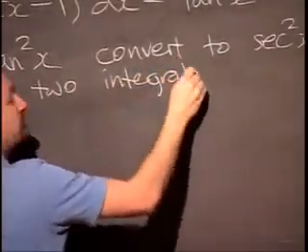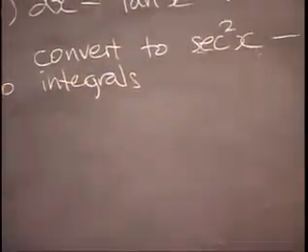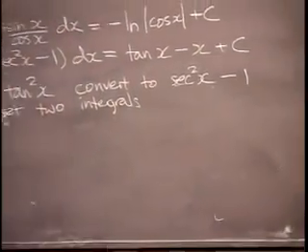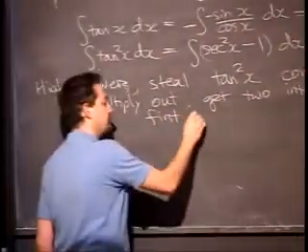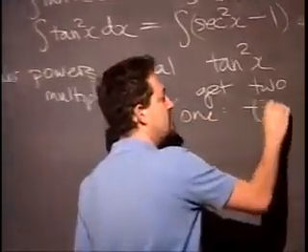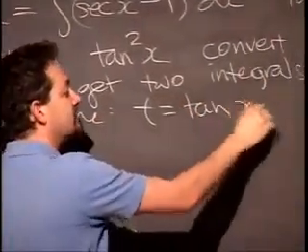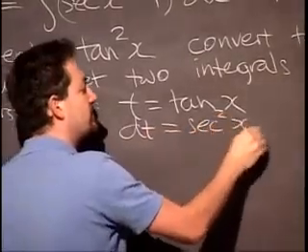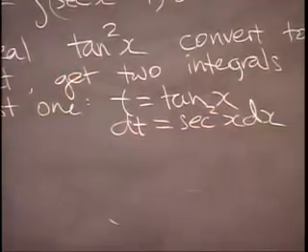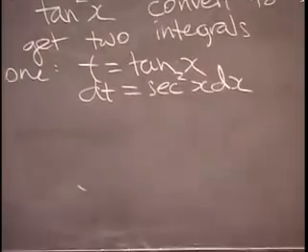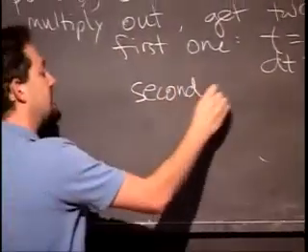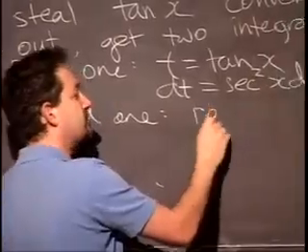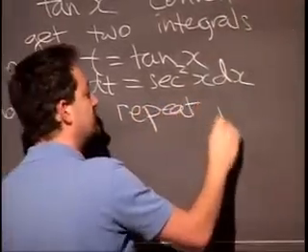One will involve secant squared, and the other one won't. The first one, you let t be equal to tan x, and it works because dt is the secant squared that you just generated. So that's easy enough to do. Whereas the second one, the second integral, is a lower power, so repeat the whole process.